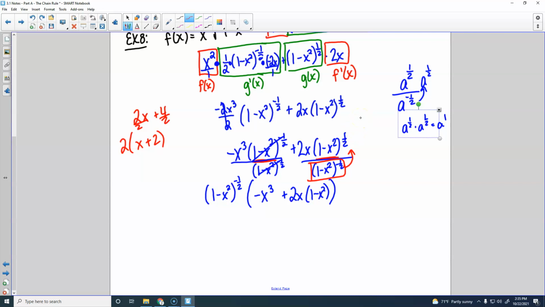Why is the x cubed up? Yes, it was just negative from the beginning, because we had this negative 2x right here on this derivative.